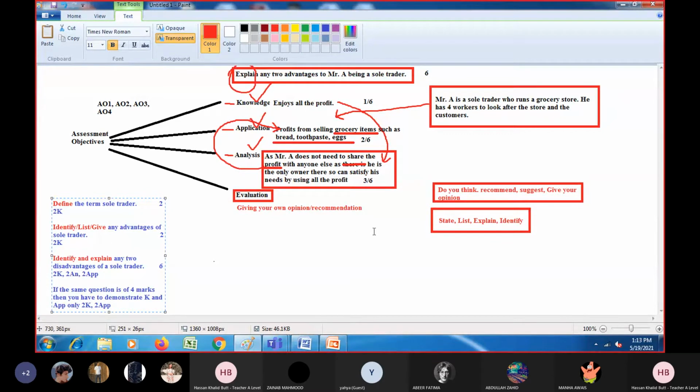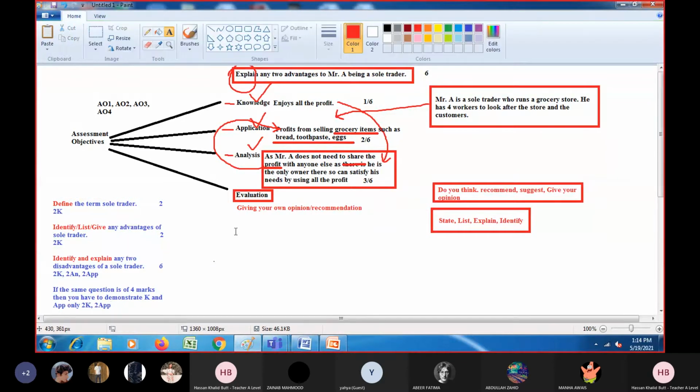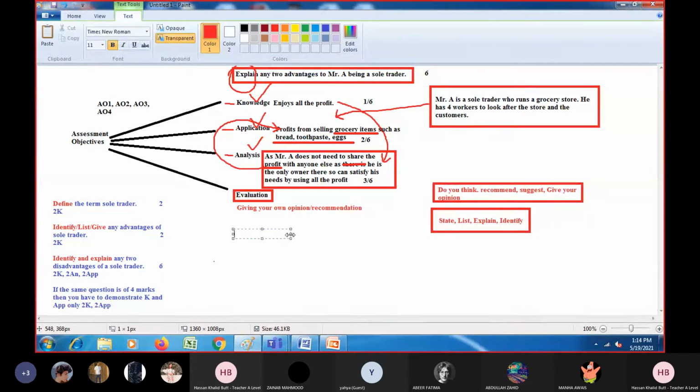But if you see the command word, do you think, recommend, suggest, give your opinion, it means that you require evaluation as well. The examiner wants you to give your own opinion, suggestion, or recommendation.